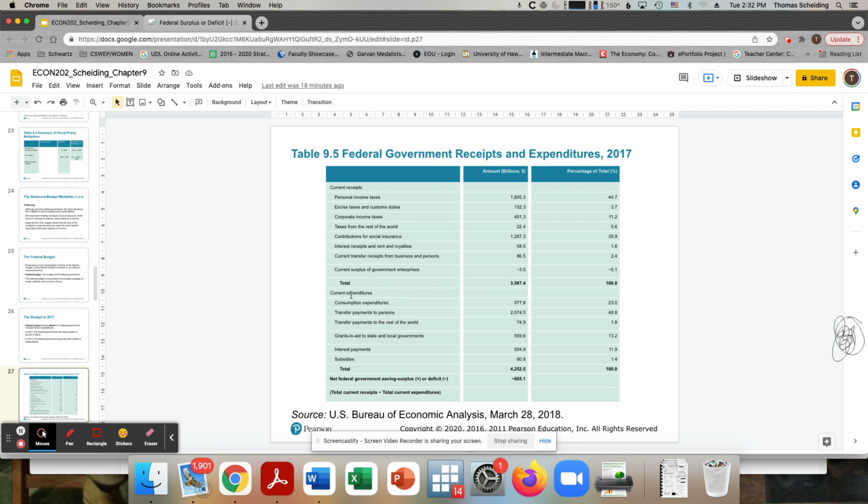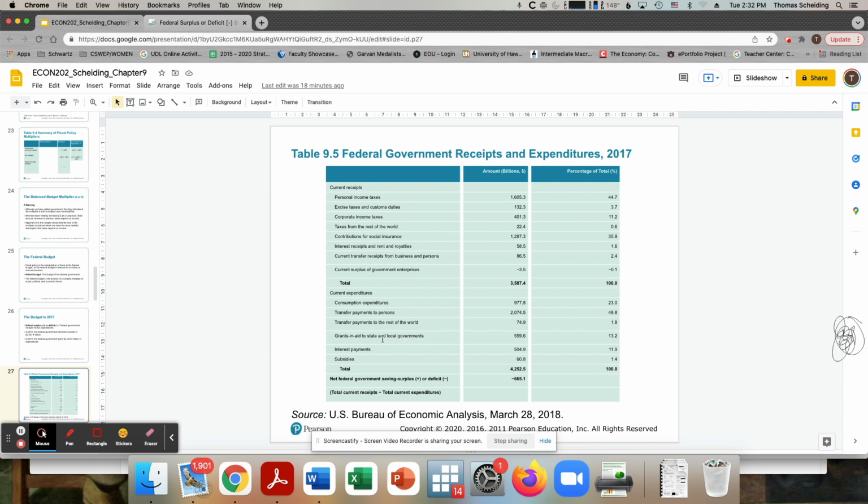In terms of where the government is spending its money, well, consumption expenditures, meaning the government just spending money on the things that it, like, builds bridges, things like that. That's military. That's 23%. Paying money to individuals directly, that would mean Social Security, disability payments, payments to the poor, all those kinds of things. That's half the money.